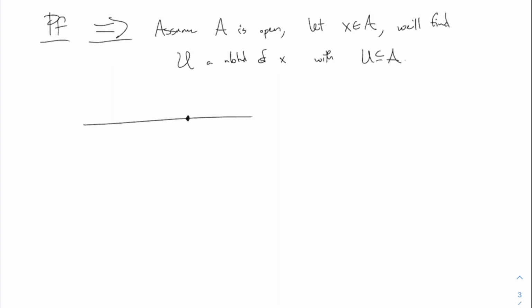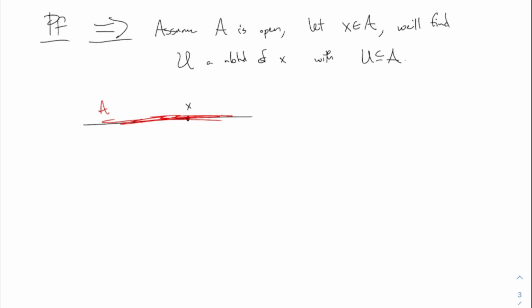So here is X, and A, we are assuming A is an open set. Maybe I'll just sort of scribble that in as A. Our job is to find a neighborhood of X, which is a subset or equal to A. Anybody have an idea? Can you find a neighborhood of X?